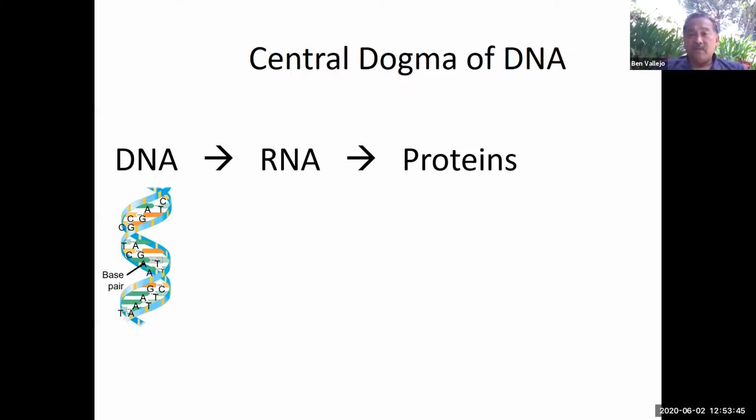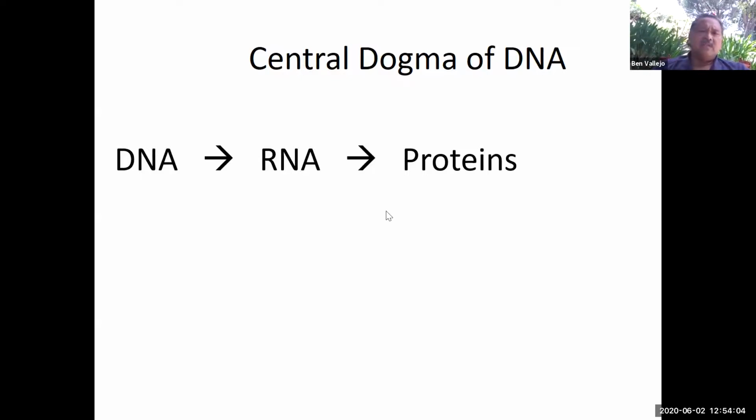Okay, so the central dogma of DNA. Dogma is your basic beliefs. Like the Catholic Church has a basic belief about the Immaculate Conception and that Mary is the Mother of God. That's what you believe if you're a Catholic. That's your dogma. So the central dogma of DNA is that there's DNA, there's RNA, and there's proteins.